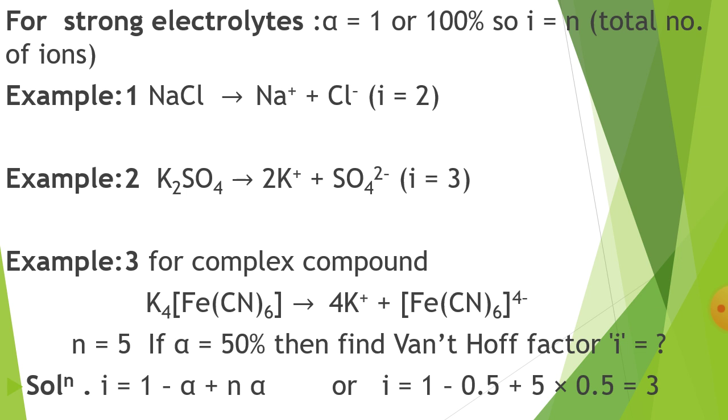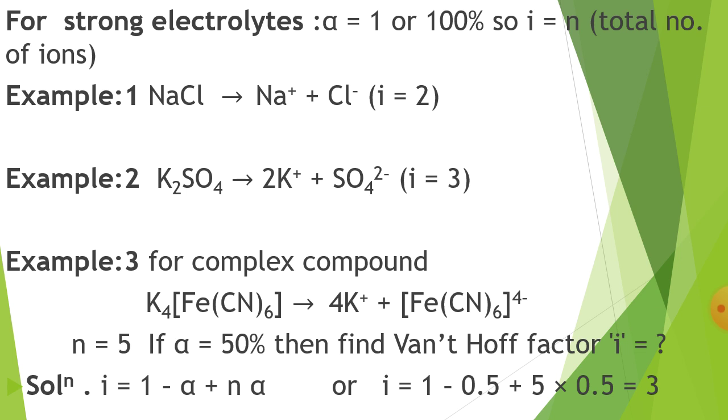Example number 1, NaCl breaks into Na plus and Cl minus ions. Here alpha is equal to 100%, that's why the value of i equals 2. Similarly, K2SO4 produces 3 ions, that is 2K plus and 1 SO4 2 minus.